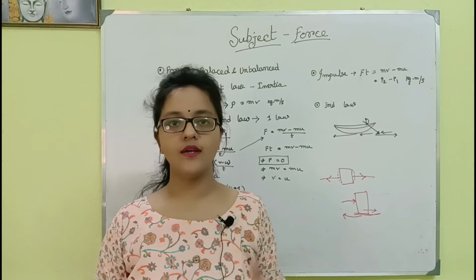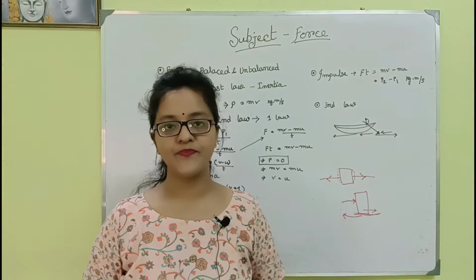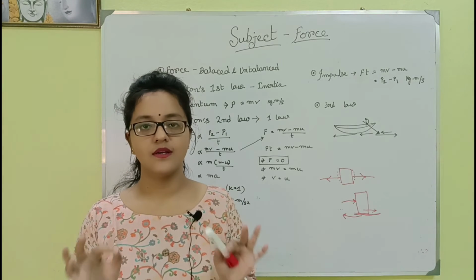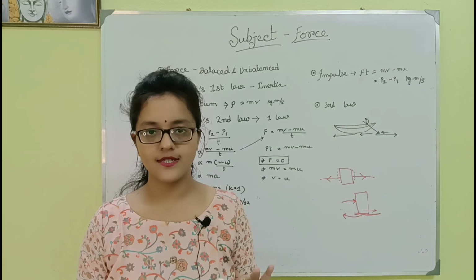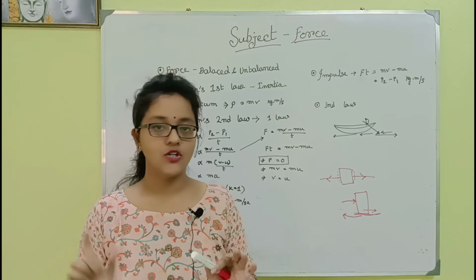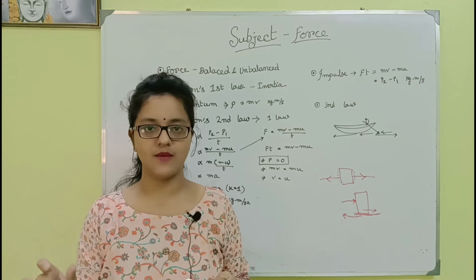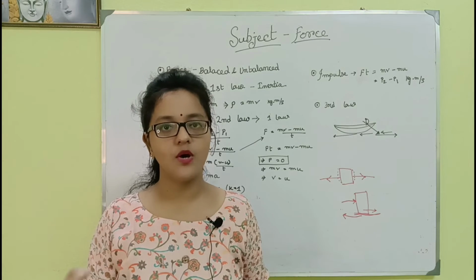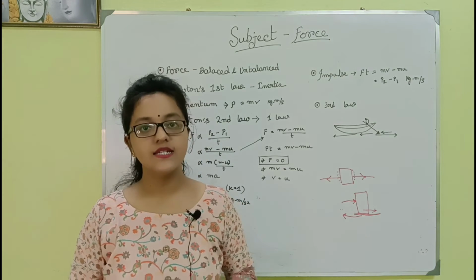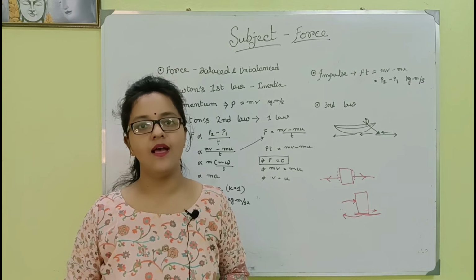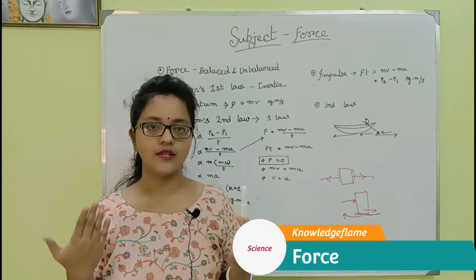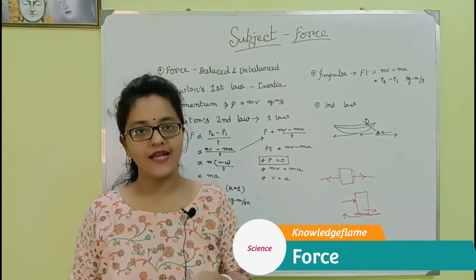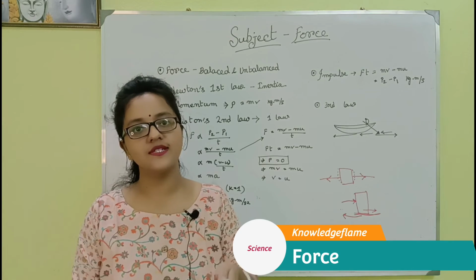Newton's second law states that the rate of change in momentum, please consider the term rate, not only the change in momentum, actually the rate of change in momentum of the body is directly proportional to the force applied on it, and the direction is the same as that in which the external force is applied.